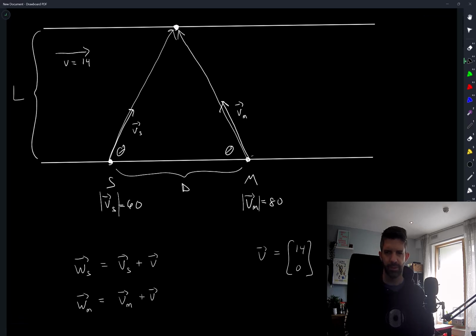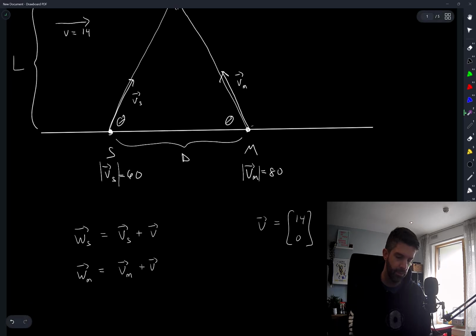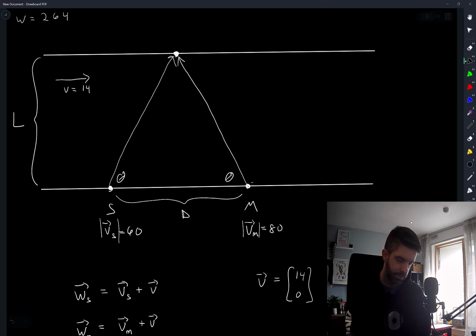Well, hold on. Just a minute. No, this is not correct, the way I've set this up. The reason it's not correct is they're actually swimming more, the velocity of them swimming relative to the water is going to be more like this.